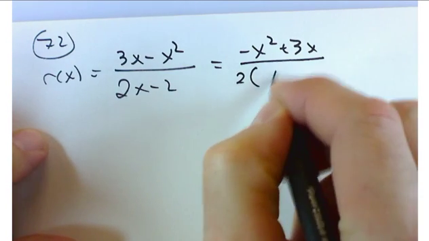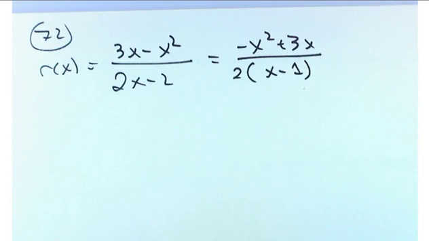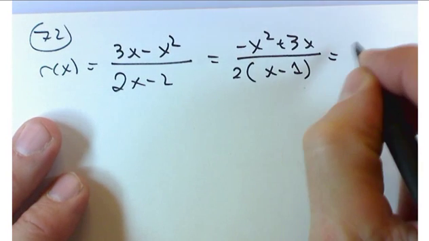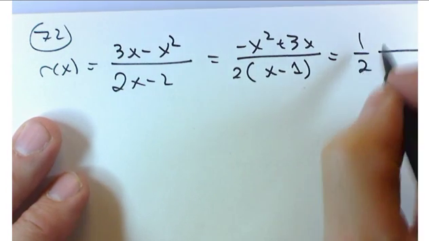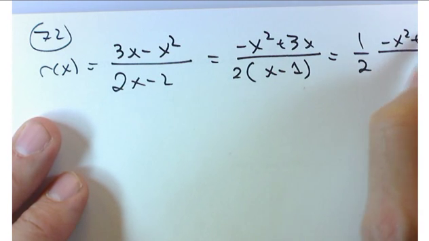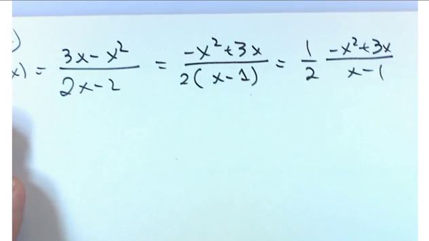So I'm going to factor that 2 out. Factor out that 2, it leaves behind x minus 1. In fact, I'm going to factor that all the way out. Just write it as 1/2 times negative x squared plus 3x over x minus 1. And now we can work with this by synthetic division.